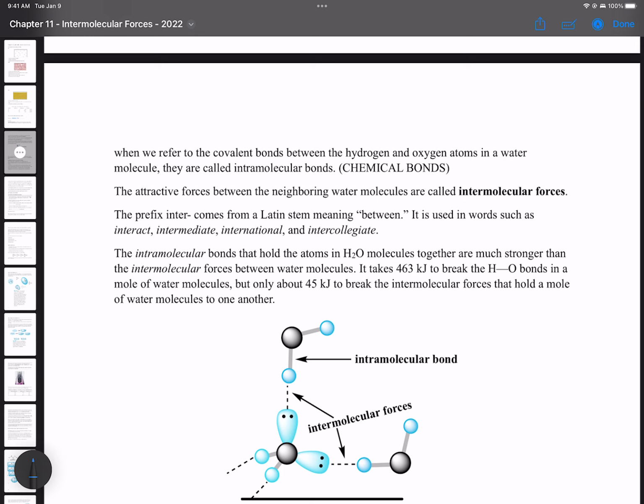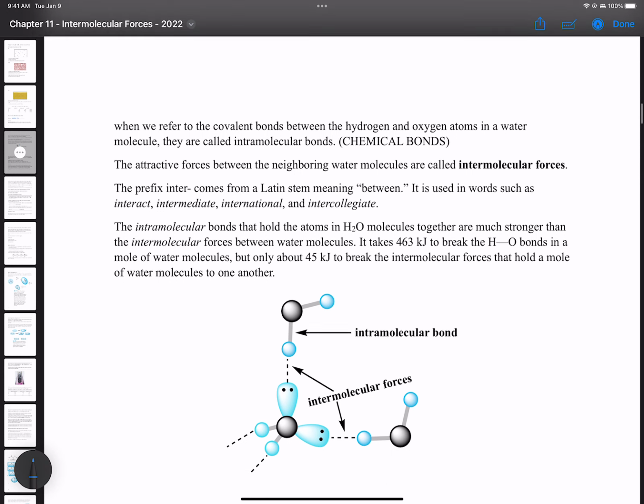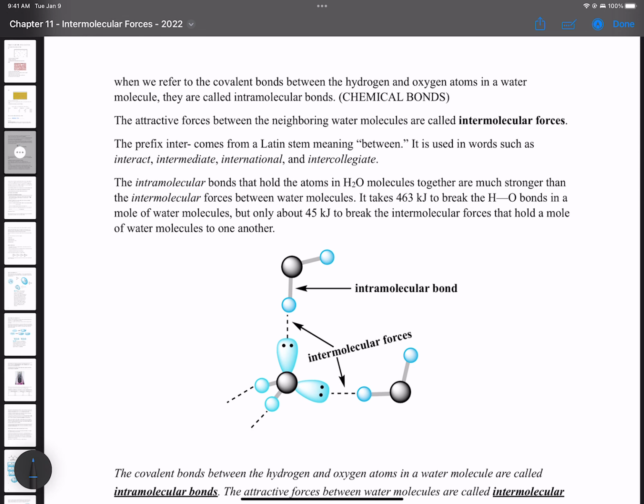We can define these two forces by the strength of such forces, by comparing the bond energies and the energy required to break the intermolecular forces. So let's look at this diagram here. Imagine this water molecule. We see the attractive forces between the dotted lines, and the single bolded line, the line that's not dashed, is the actual chemical bond.